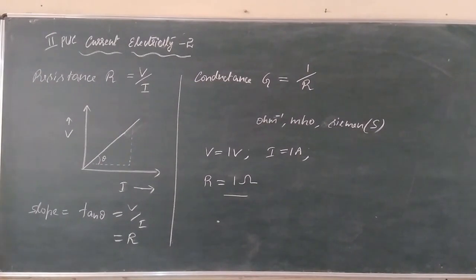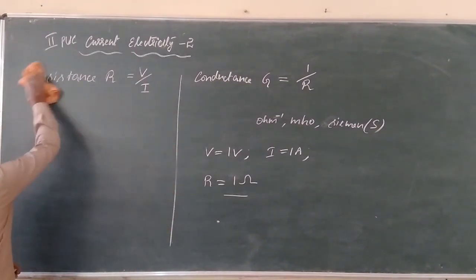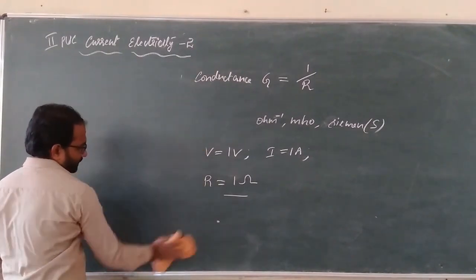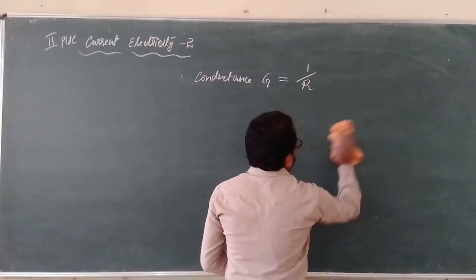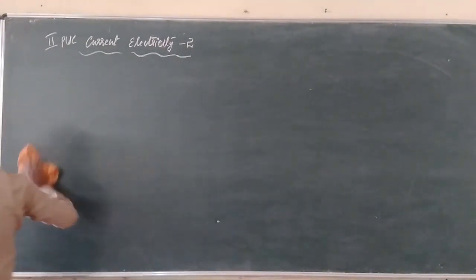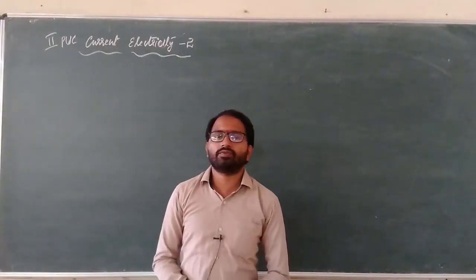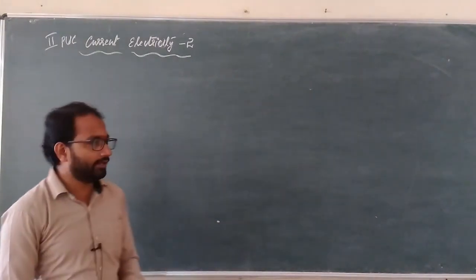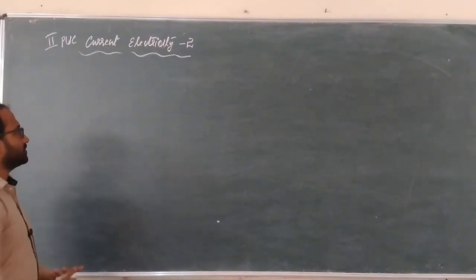Okay, so next we discuss the limitations of Ohm's law. Ohm's law is applicable for a very large class of materials, but still there do exist certain materials for which the proportionality of V and I fails.